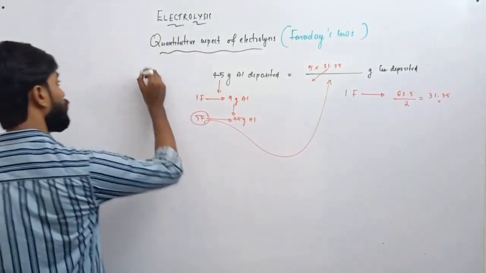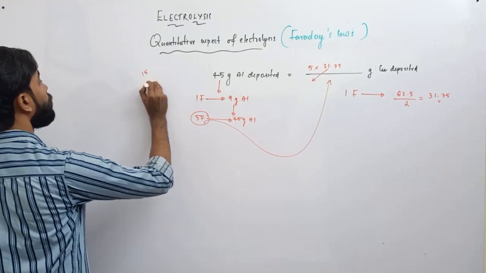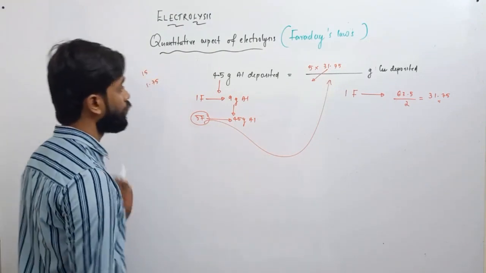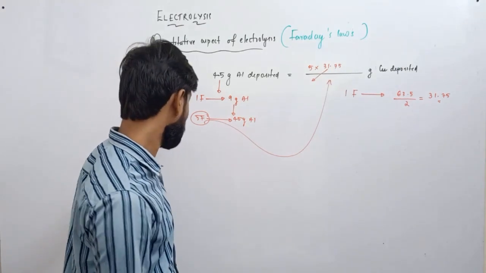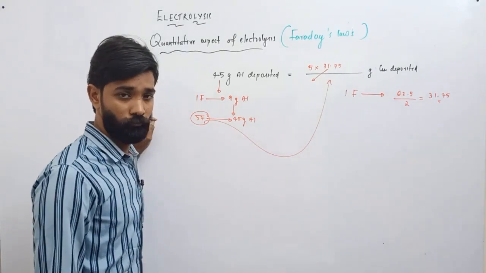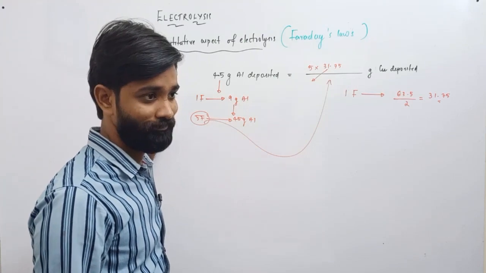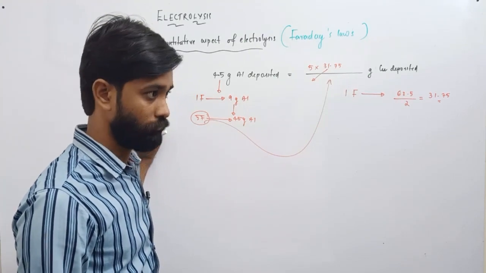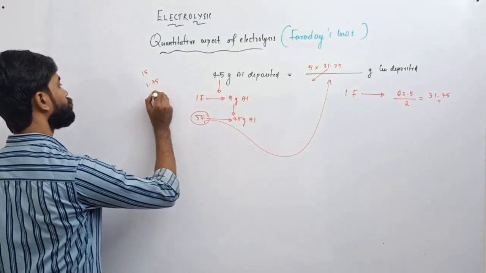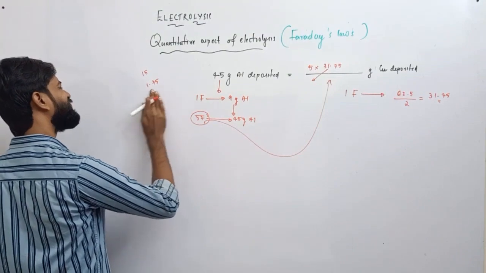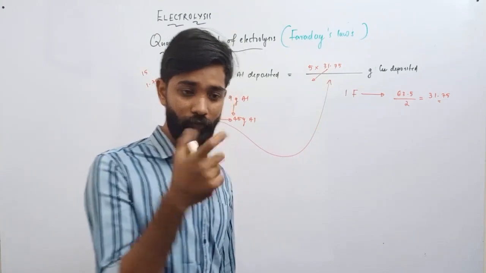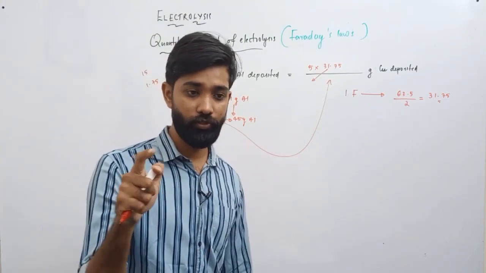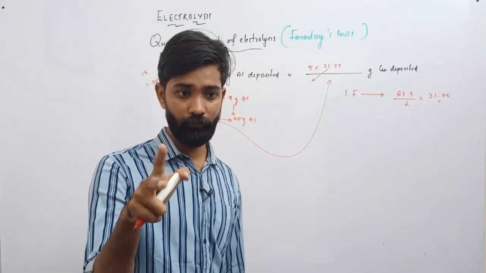Half of 30 is 15, plus half of 1.75, which is 0.875.